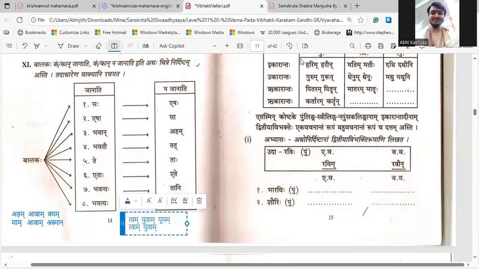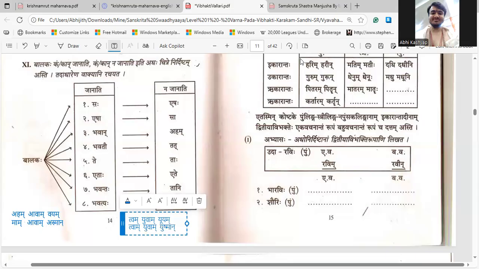Next, the Bahuvachana for Dvitiya Vibhakti will be Yushman. So now if they have given tvam, it will change to tvam when you are saying it as karma. If you have given yuvam, it will remain yuvam only. If yuyam is given, it will change to yushman when we have to change it to Dvitiya Vibhakti.